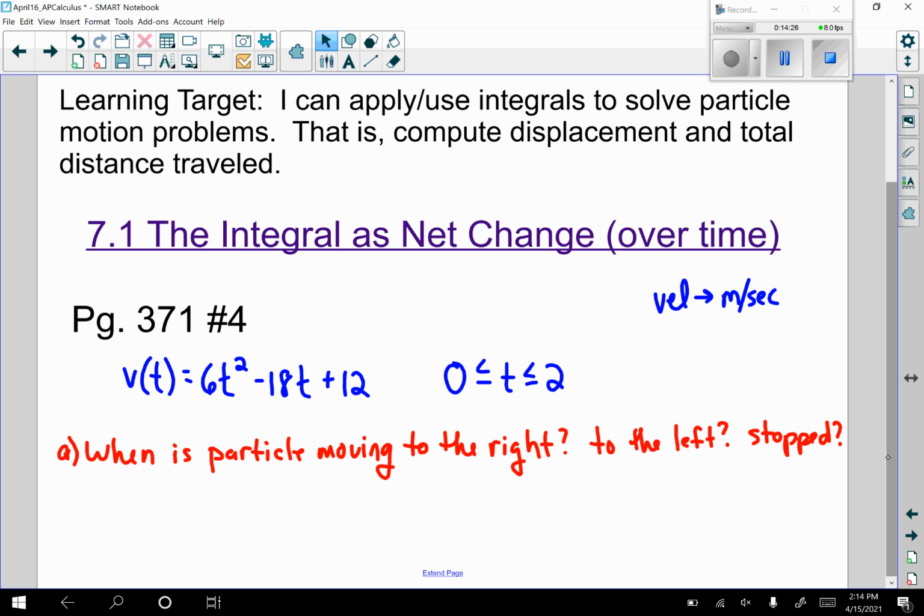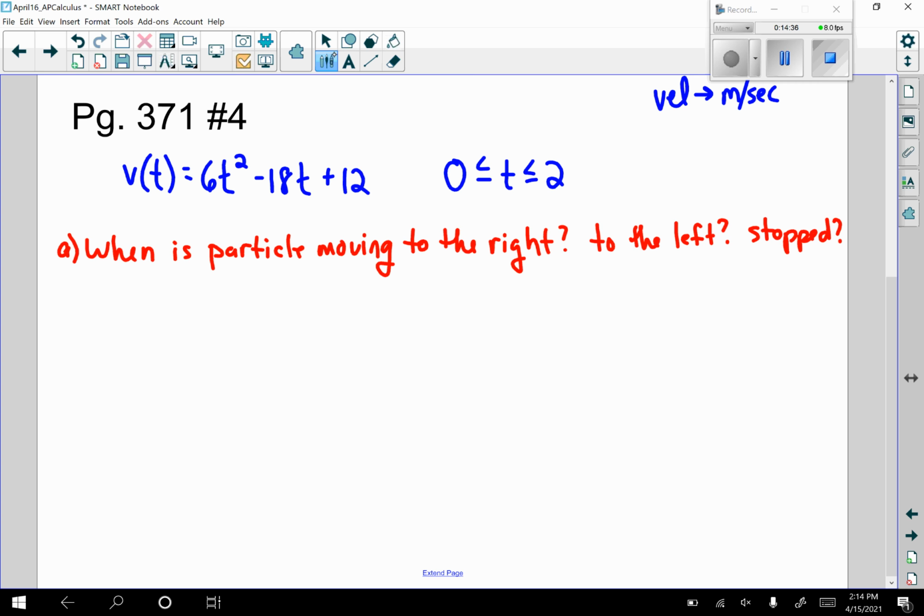So right here, we're given the velocity in this time interval. Like I just mentioned, part A, when is a particle moving to the right? We know a particle is moving to the right when velocity is positive.